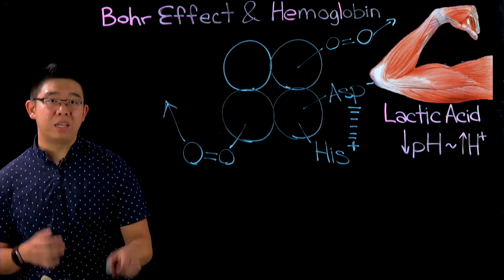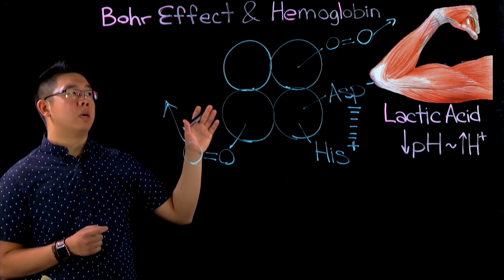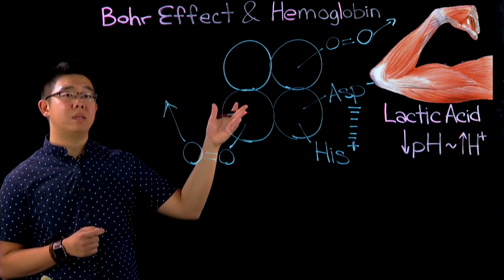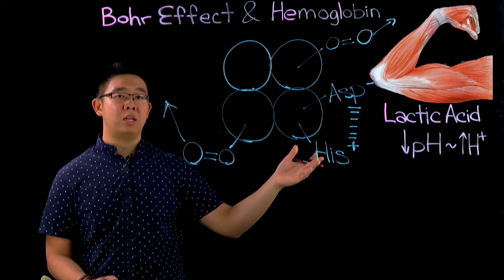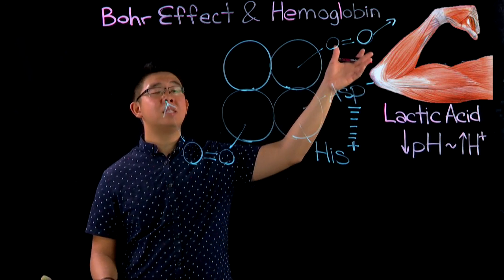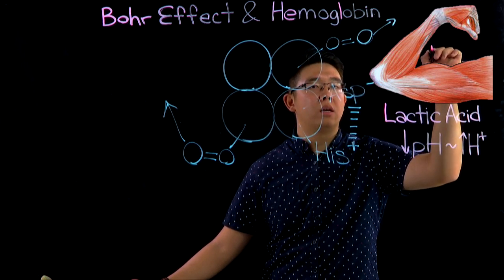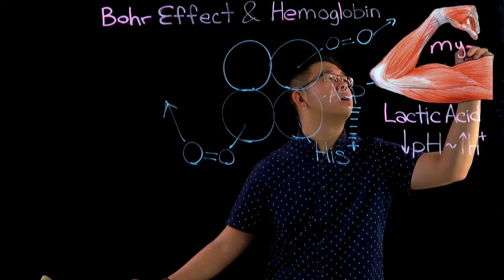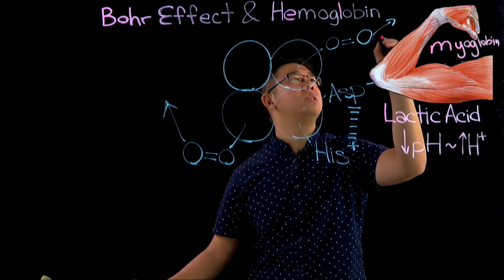Because of that, the myoglobin in the muscles needs oxygen. This electrostatic interaction releases the oxygen from the hemoglobin, and you can expect the myoglobin here to receive this oxygen.